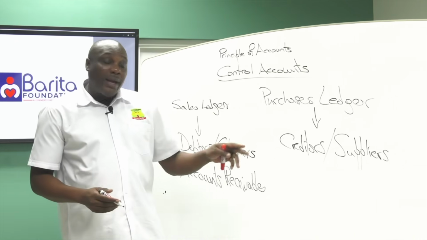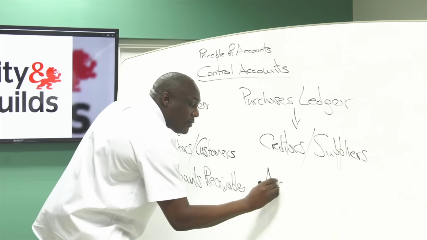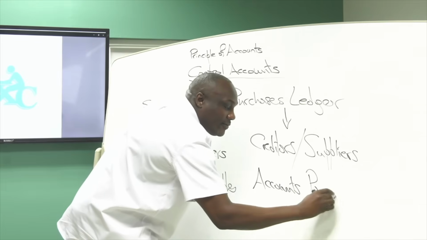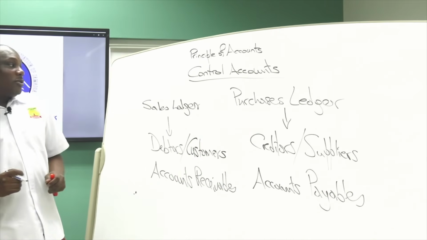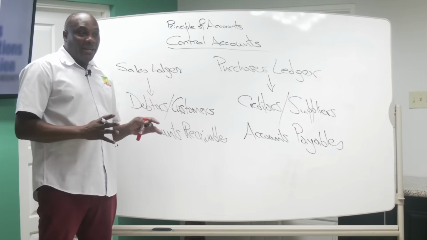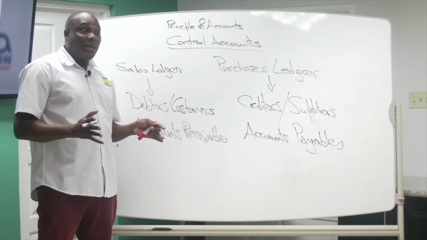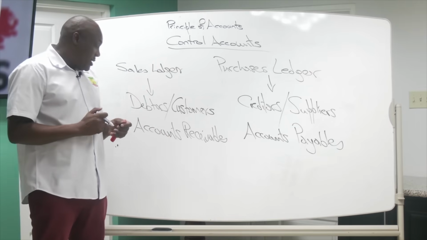So they are called suppliers, or another name, accounts payables. So students, it is very important that you get the association of the name because we will be using them interchangeably. Just as how you don't get it in your exam, CXC is going to do just that.